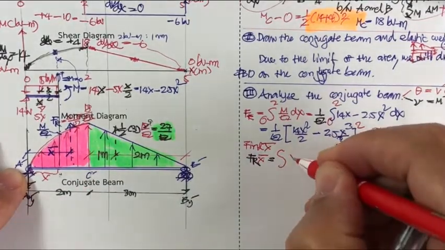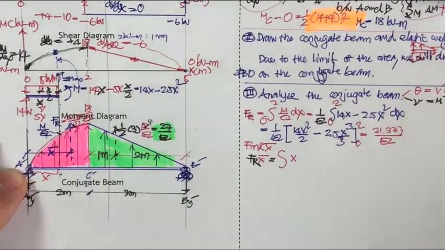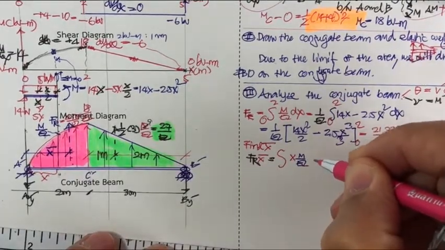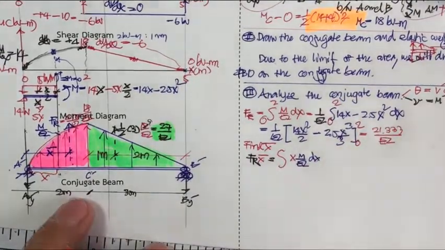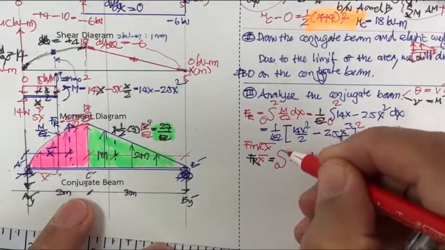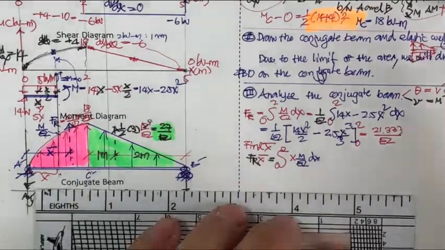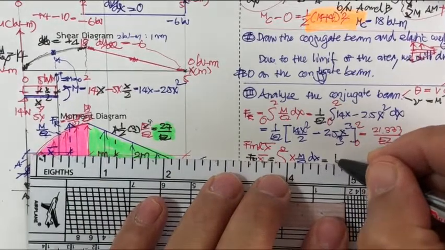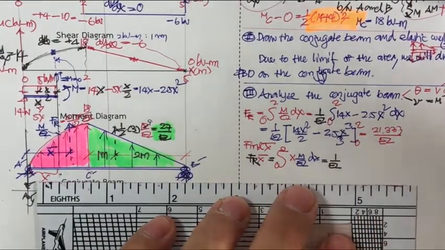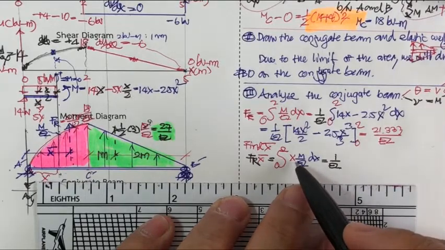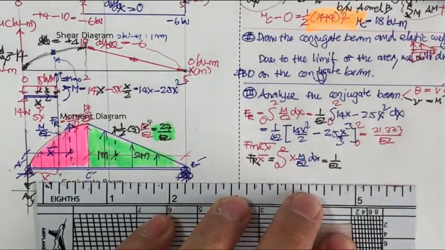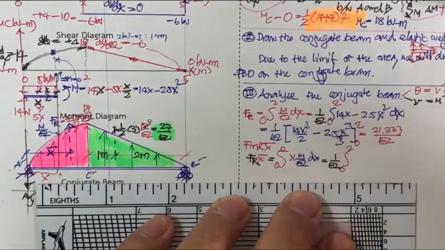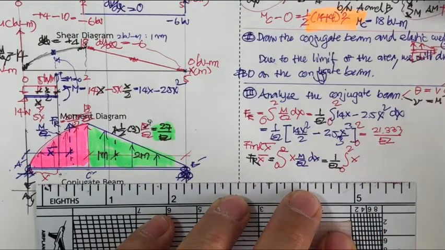So it's going to be x and integration of M over EI dx from 0 to 2. Since 1 over EI, take it out, it's going to be the integration from 0 to 2 of x times M.